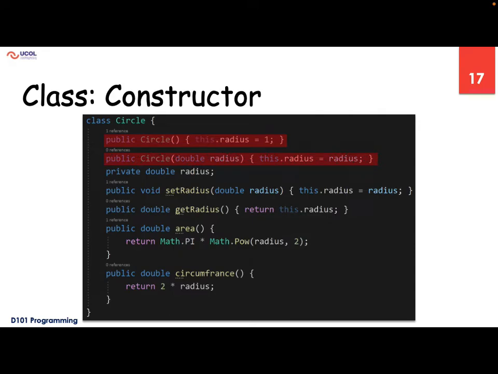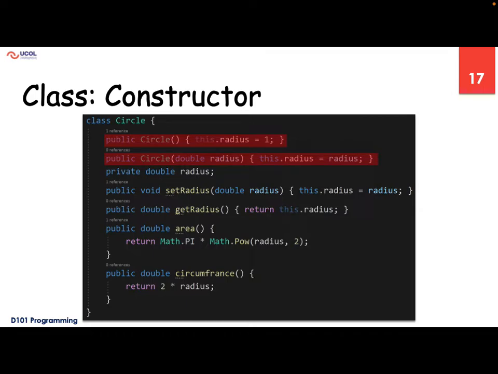Then we have another constructor which takes one radius value, one double value, as an input, and whatever is coming as an input, we are assigning that value to the radius. And don't worry about this.radius. This means we are talking about this specific radius. If you just say radius = radius, it is also perfectly fine, understandable by the system itself.